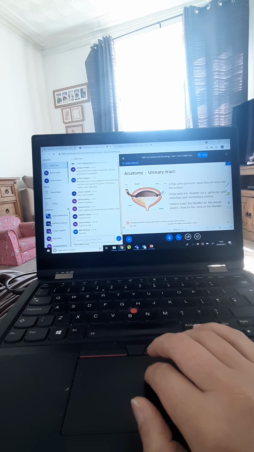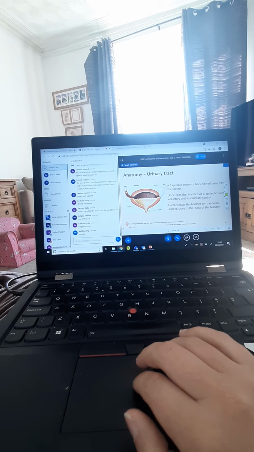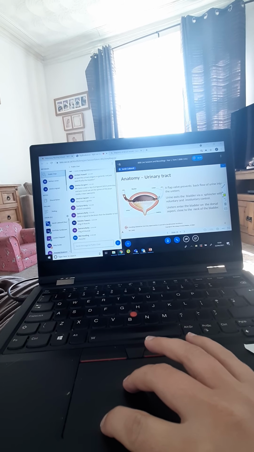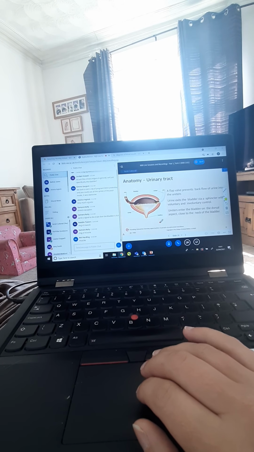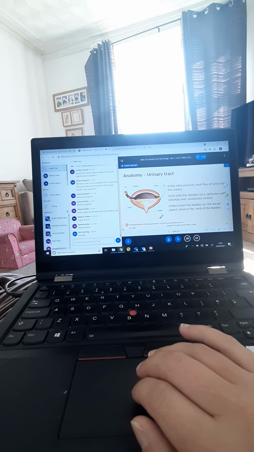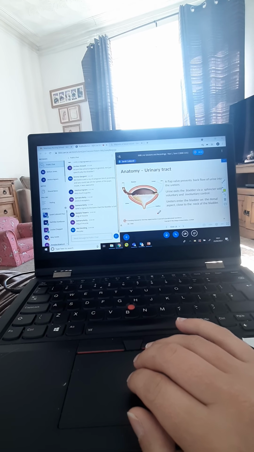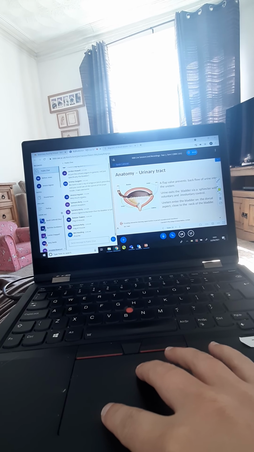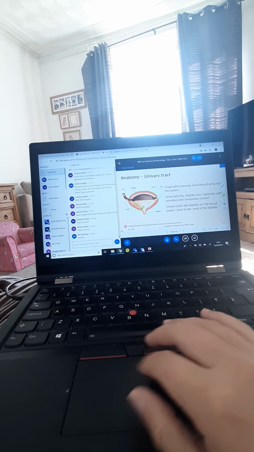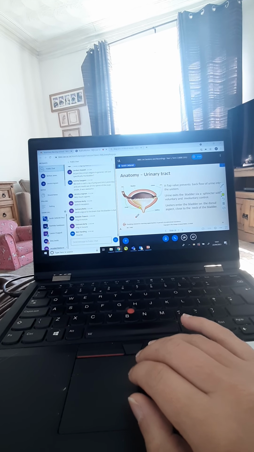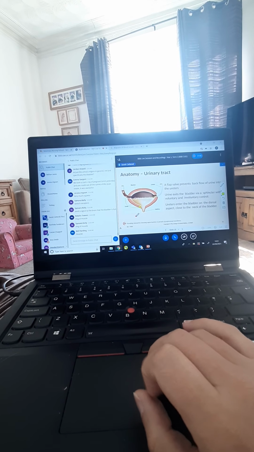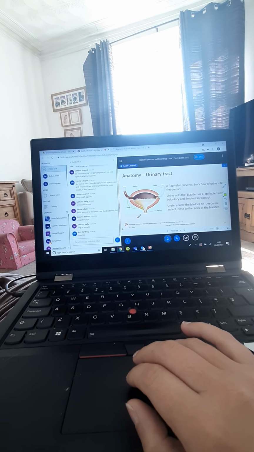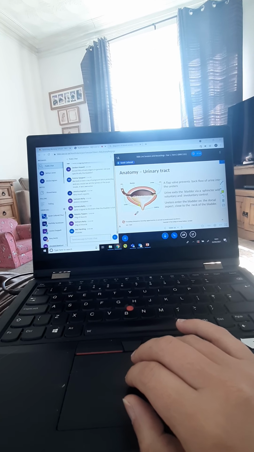Ureters enter the bladder on the dorsal aspect, which is the back of the bladder, and they enter it about here. Now, what very occasionally can happen is you can get animals born with an abnormality, and the ureters can attach further down than where they should, and they attach below the bladder sphincter, and that's when we can get urinary incontinence, because there's nothing holding that urine into the bladder.